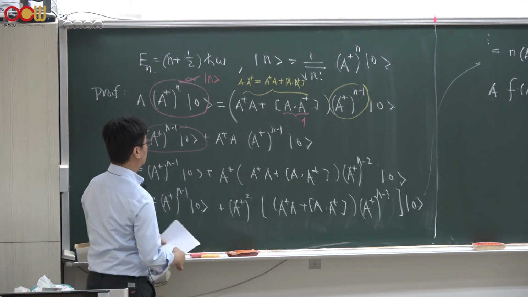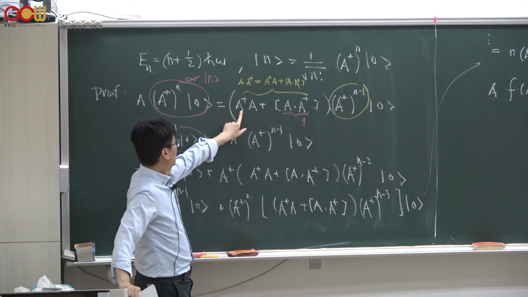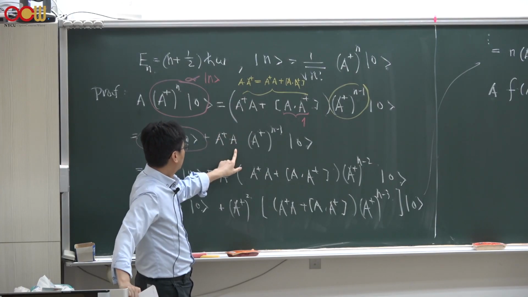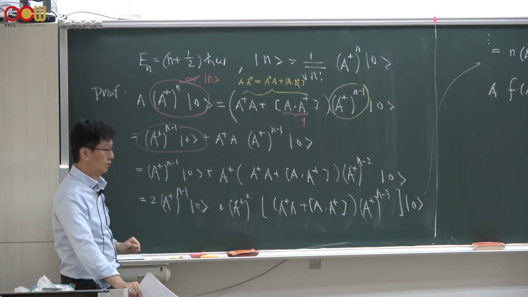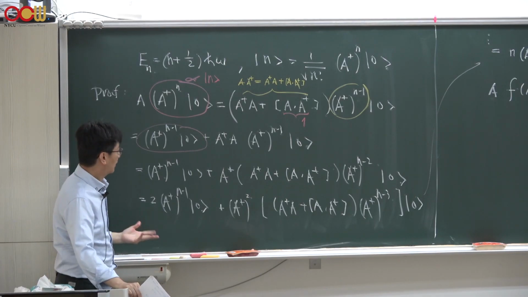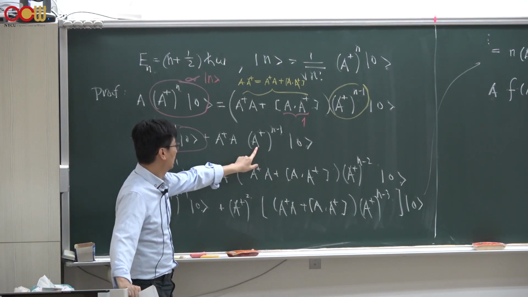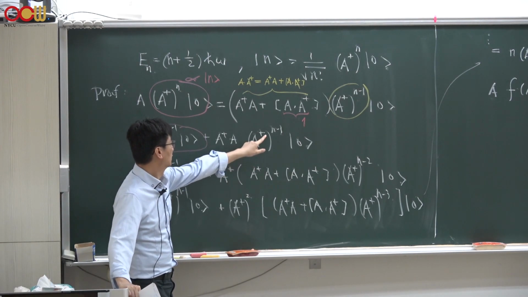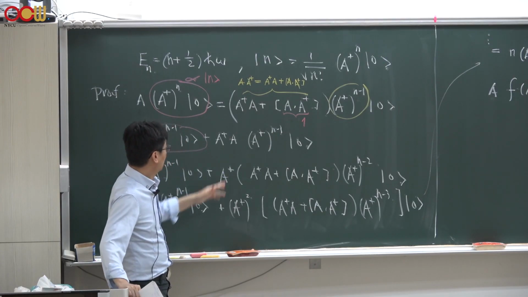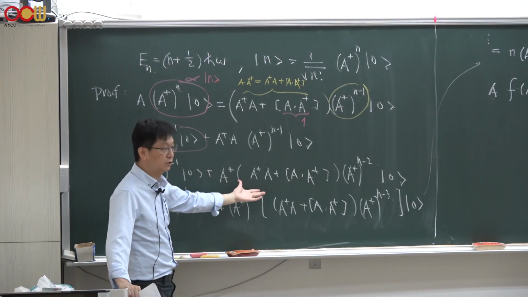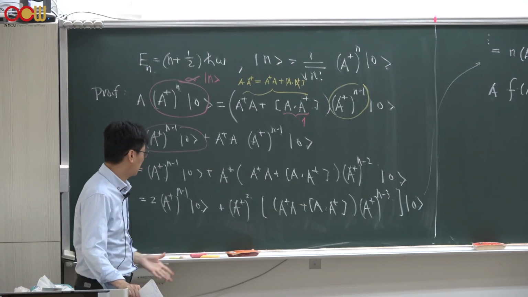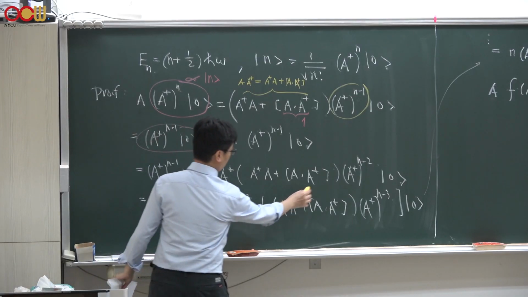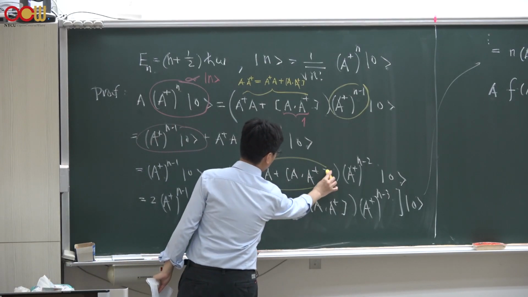But of course you get the second term, which is A dagger A times A dagger to the power of n minus 1. Okay? But again, we just take another A dagger out of this power n minus 1, and then we actually use this commutation relation one more time, which is this stuff in the middle.